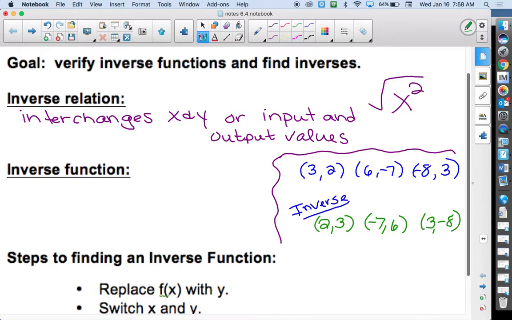Literally, you're switching, flipping, changing x and y. That's how you find an inverse. So multiplication and division are inverses. Addition and subtraction are inverses. X and y are inverses. So an inverse relation or an inverse function looks like f with a little negative 1.